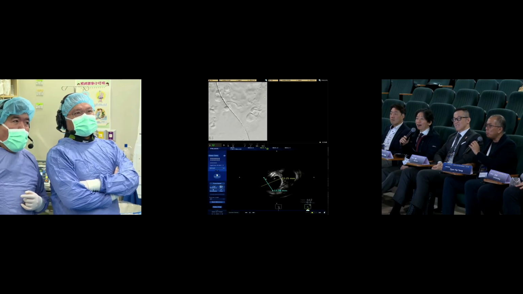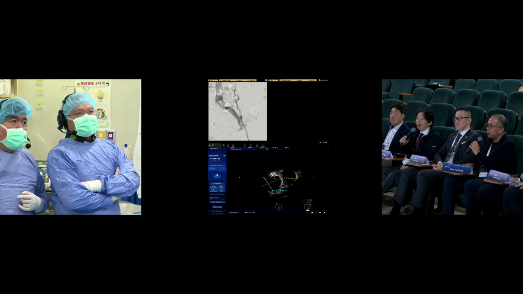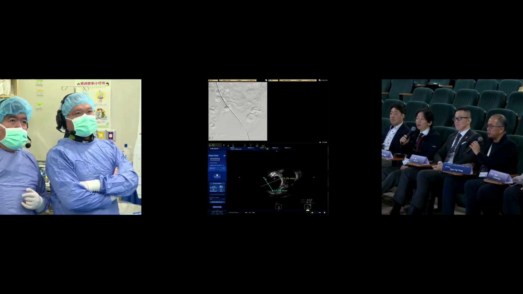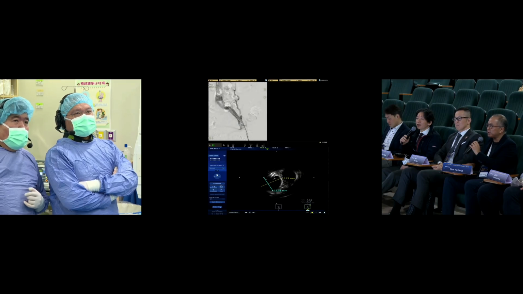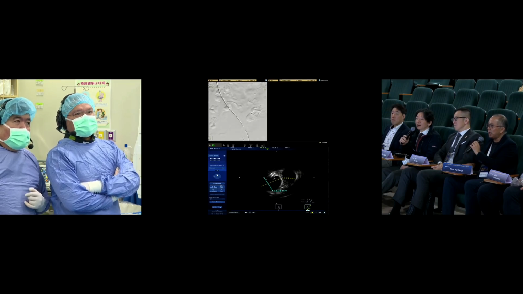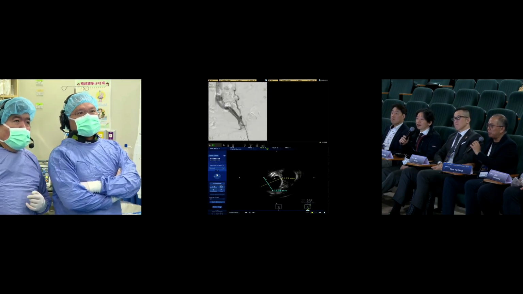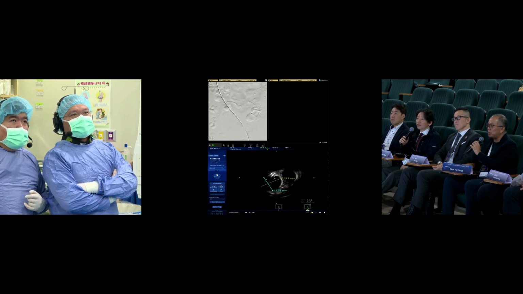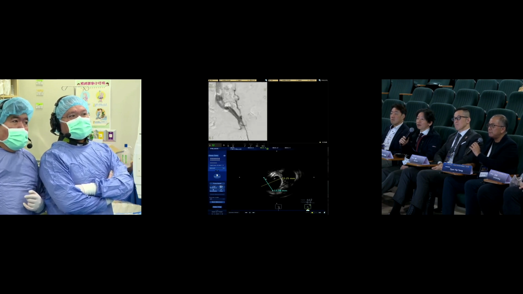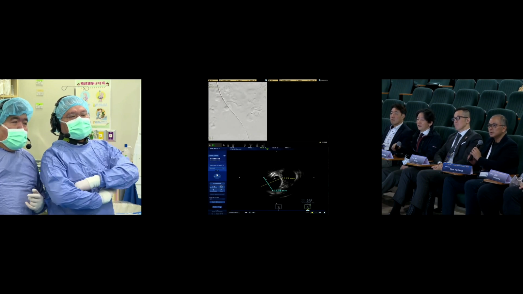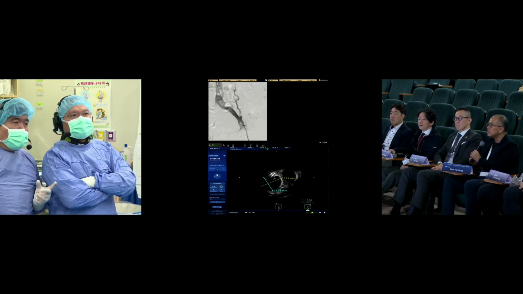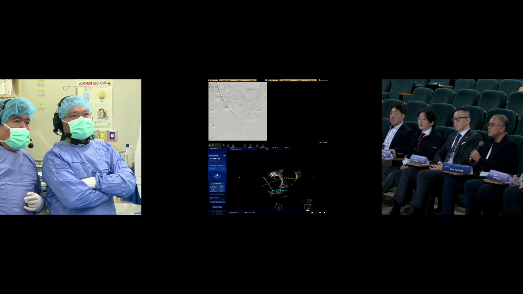Do you really think POBA is going to work in this kind of scenario because of the pathology here? It's a compression effect. Yeah, I agree. You don't have the radial force to keep it open because the recoil is very significant. Yes, so in my thinking, I think short stenting is reasonable.